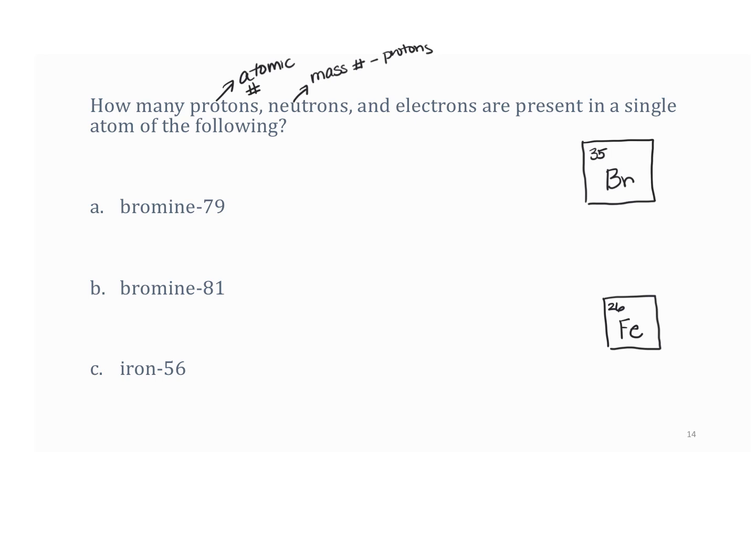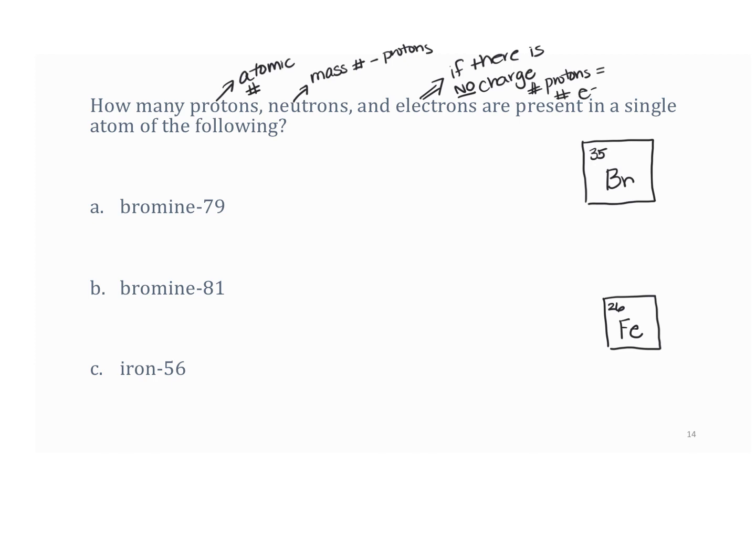Now, when we talk about electrons, electrons have a negative charge, and atoms can lose or gain electrons, okay? If there is no charge, the number of protons equals the number of electrons.